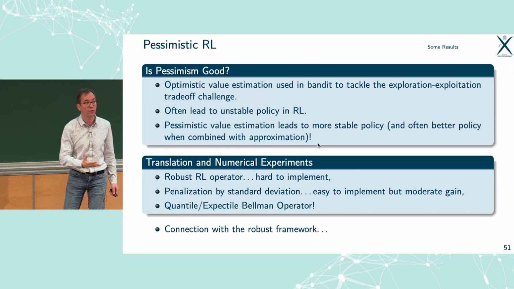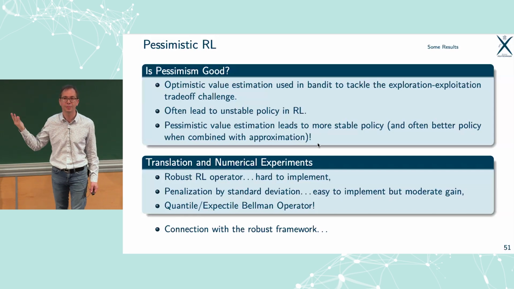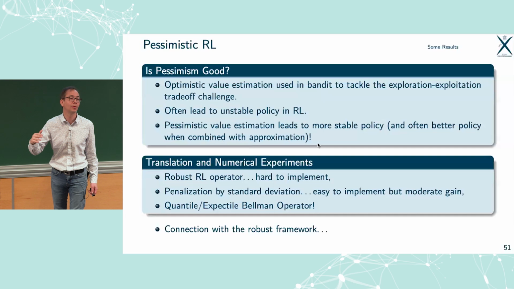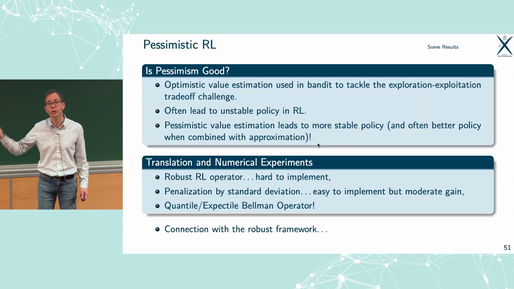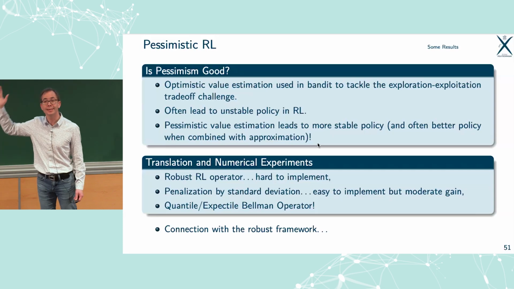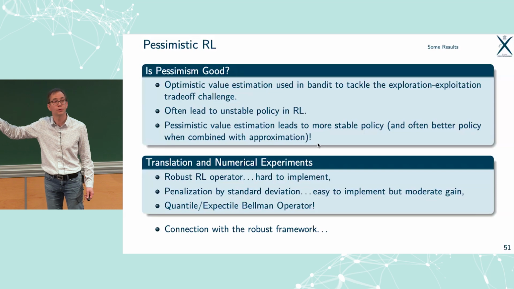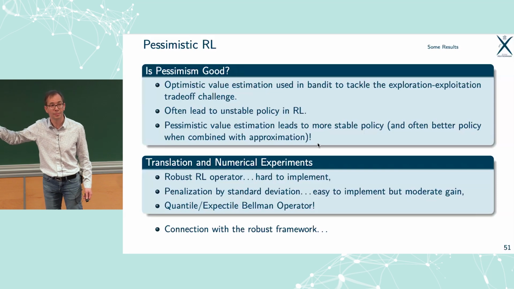And in the world of approximation, and this is probably the most surprising result, you obtain in the end even better result than if you had started with the regular problem. So even if the environment is not changing, when you are doing approximation, it seems that doing this kind of regularization of the problem helps.